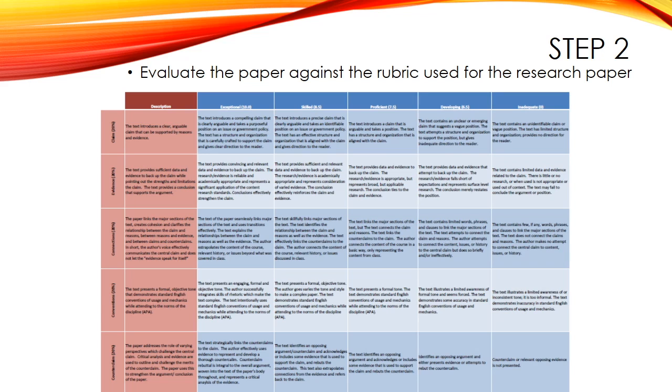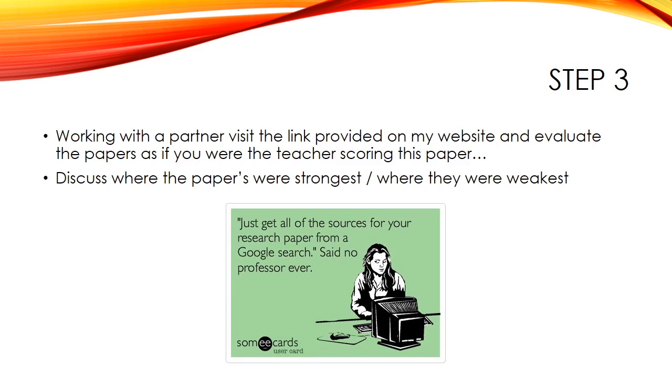Those five pieces are the core assessment for this paper, and I want you to look at these exemplar papers with those in mind: claim, evidence, connections, conventions, and counterclaim.